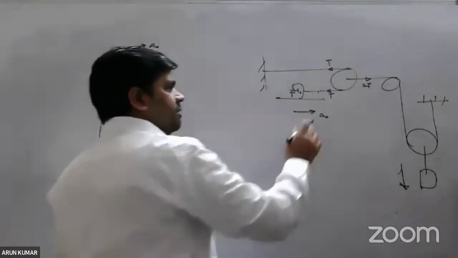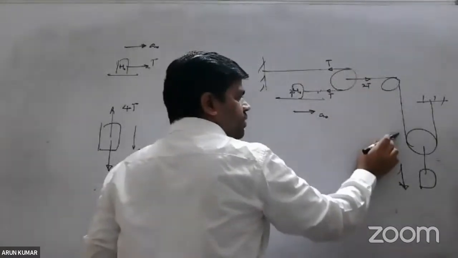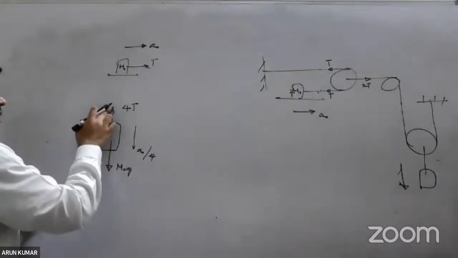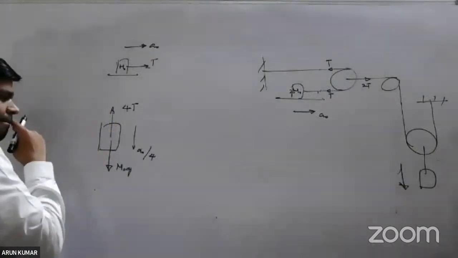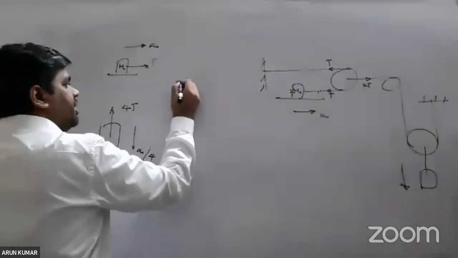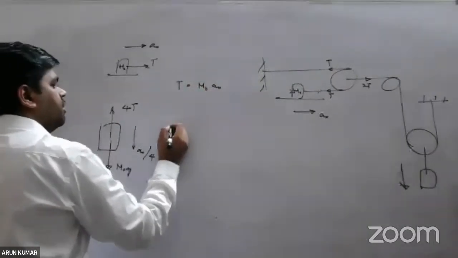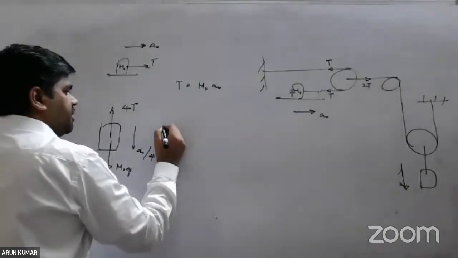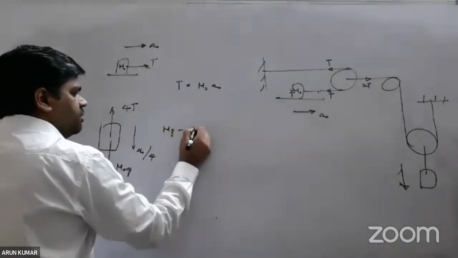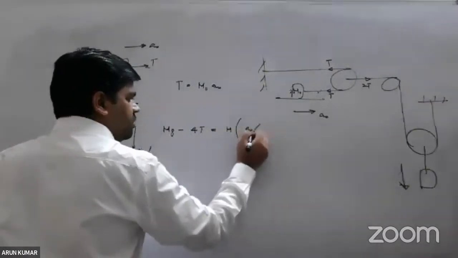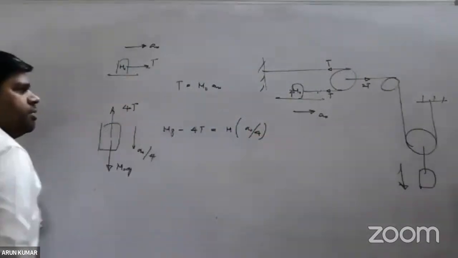Right. Now look at this. If this is T, this is 2T. If this is 2T, 2T, this is 4T. So tension on the lower block is 4T. Right. So T is equal to mass into acceleration. For this one, it is mg minus 4T is equal to mass into A naught by 4.